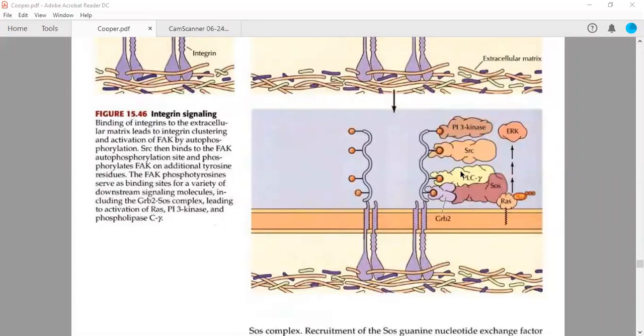They also do signaling by PLC gamma, and this PLC gamma activates phospholipase C gamma, which will do signaling by the calcium mediated pathway or the IP3 DAG pathway. Then there is signaling by adaptor molecules called GRB2. This GRB2 is an adaptor which will activate the guanine nucleotide exchange factor SOS protein. This SOS protein will lead to the activation of the MAP kinase pathway.